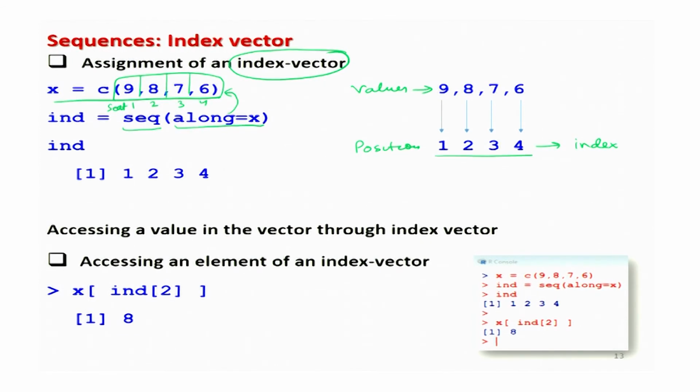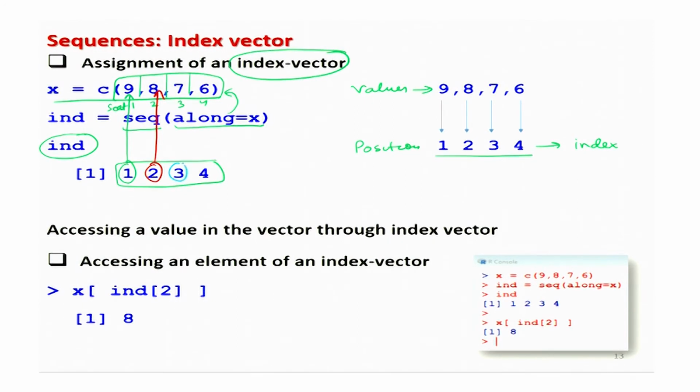So the outcome will be 1, 2, 3, 4. This outcome, stored in the variable IND, indicates that index number 1 corresponds to the first value in the data vector X, index number 2 corresponds to the second value in the data vector X.